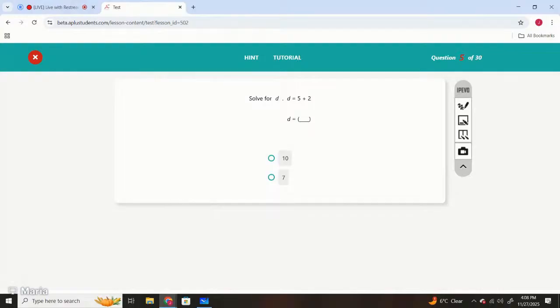Solve for D. D equals 5 plus 2. 5 plus 2 is 7, so D equals 7. Option number 2 is the correct option.